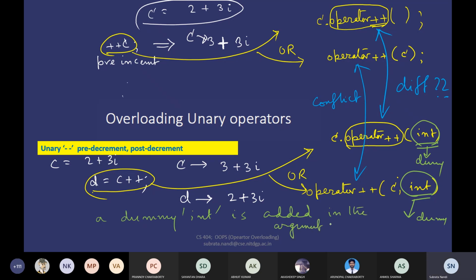A dummy integer is added in the argument list in case of a post decrement or increment, whatever, the post cases. Is that fine?